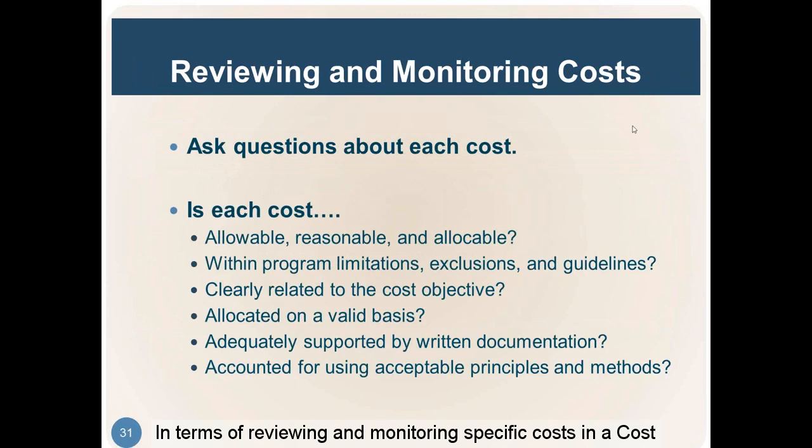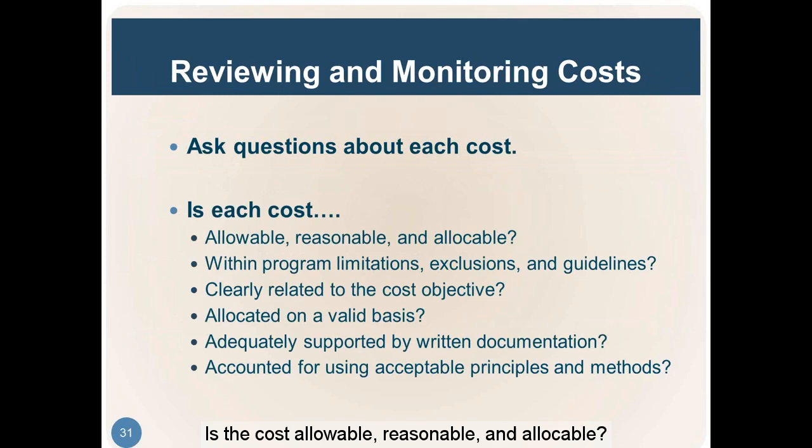In terms of reviewing and monitoring specific costs in a cost allocation plan, again, just quickly review, you want to ask specific questions, and these will be questions that are on your form, your review form, your monitoring form, whatever you're doing. Is the cost allowable, reasonable, and allocable? That's what we've just discussed. Is it within the program limits? Are there any guidelines or exclusions or definitions in the program that preclude these costs?